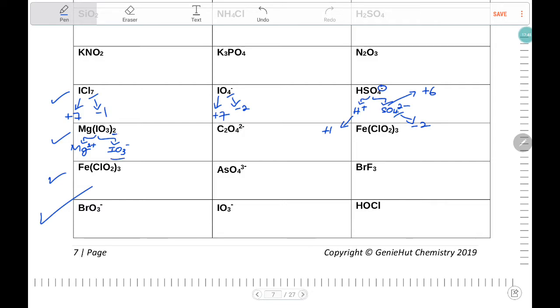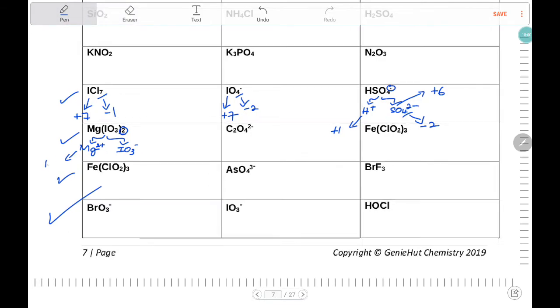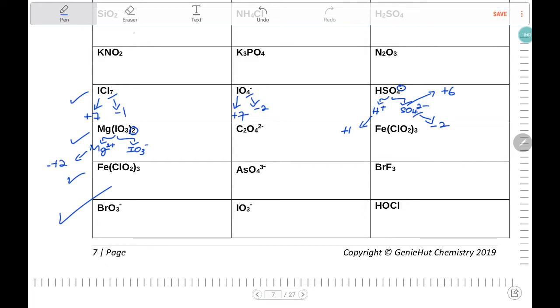So although we have not learned what IO3 is, you can infer that it has to be minus charge. So if IO3 is minus, having 2 of it gives me a 2- charge, which balances off this 2+ over here. So with this, Mg will be +2. And once again, I fix O first because O is more electronegative, O is -2, and I would have to be +5.